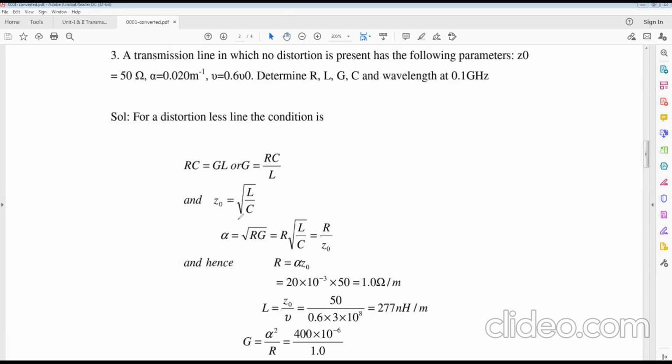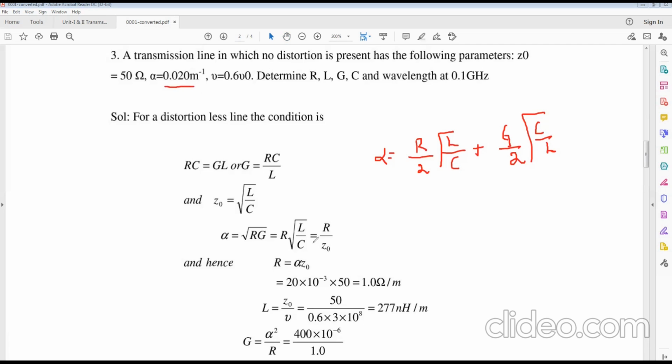Alpha value, actually the formula is R by 2 into root of L by C plus G by 2 into root of C by L. Now I can substitute that value, so you'll get alpha is equal to R by Z0, that is also equal to R under root of L by C, by substituting G. Then alpha is equal to R by Z0 and R is equal to alpha into Z0.